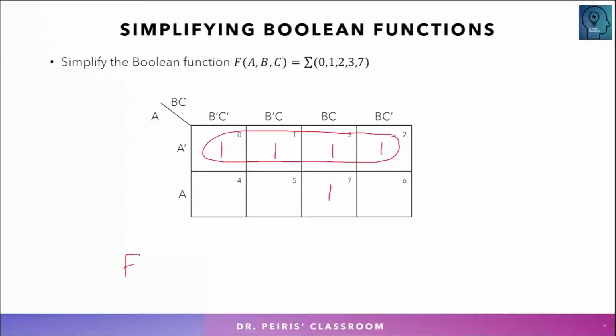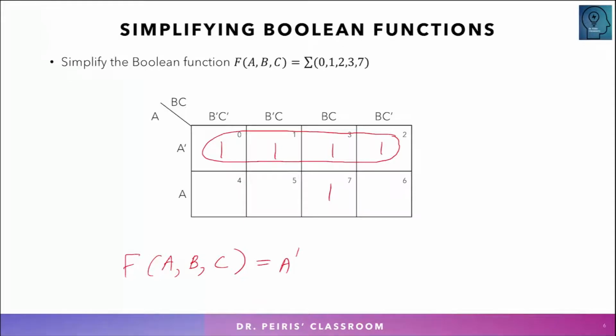We are going to write one at a time, so it is easy to follow the terms that we obtain. Now for this entire group, this entire row corresponds to A prime. So we're going to have an A prime term.